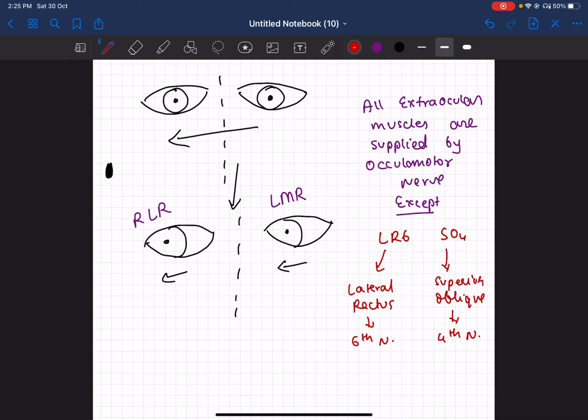So lateral rectus causes abduction, while the medial rectus causes adduction. So this movement is abduction, this movement is adduction. Now with this foundation, we would further go into the pathways.